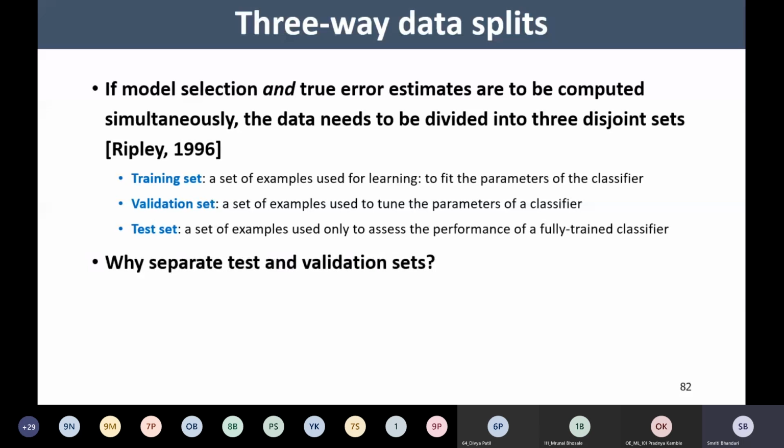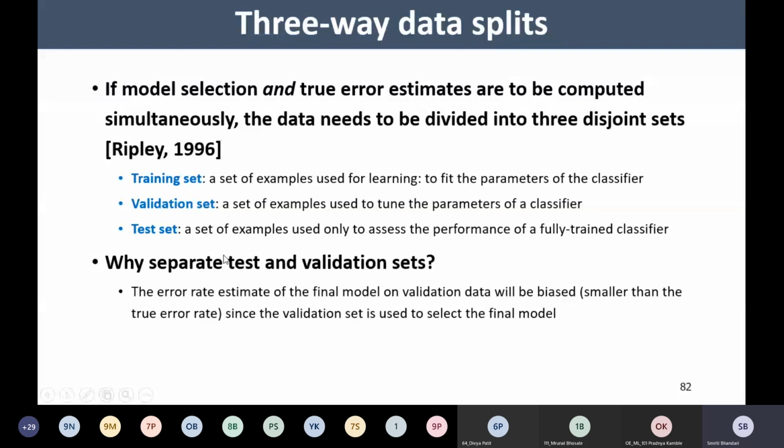Now, why do we actually need these 2 separate data sets, validation set and test set? What is the reason behind it?